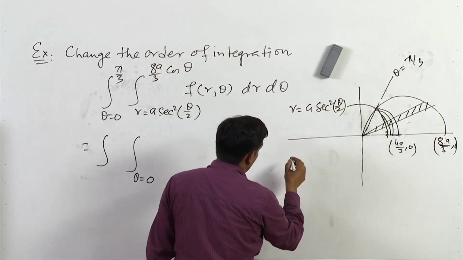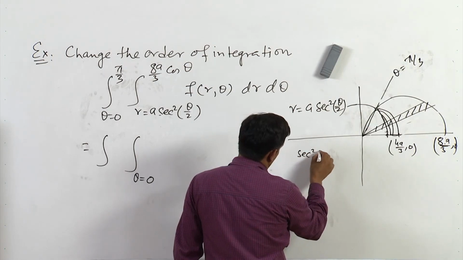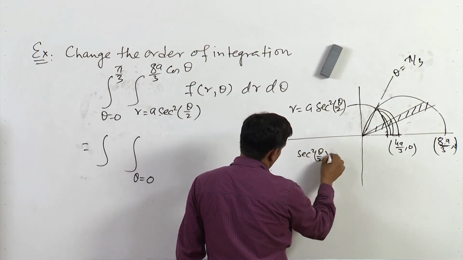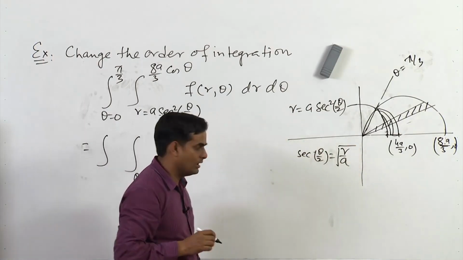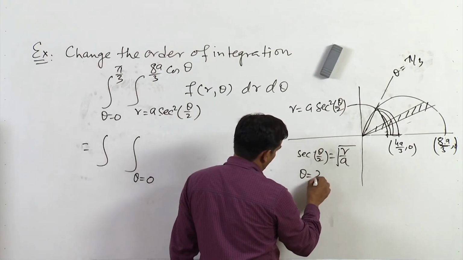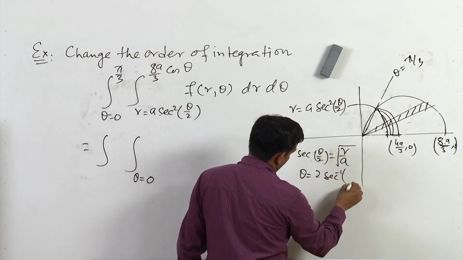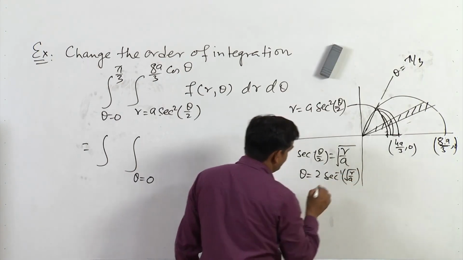So, from here I can write sec square theta by 2 is r upon a. So, sec theta by 2 is the square root of r upon a. So, theta will be 2 sec inverse square root of r upon a.